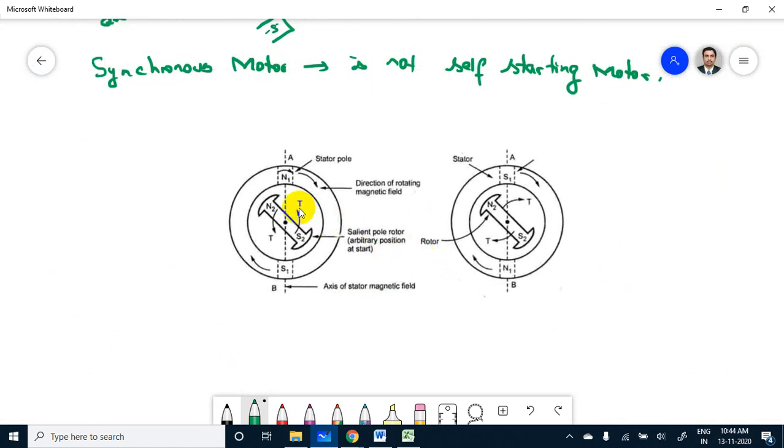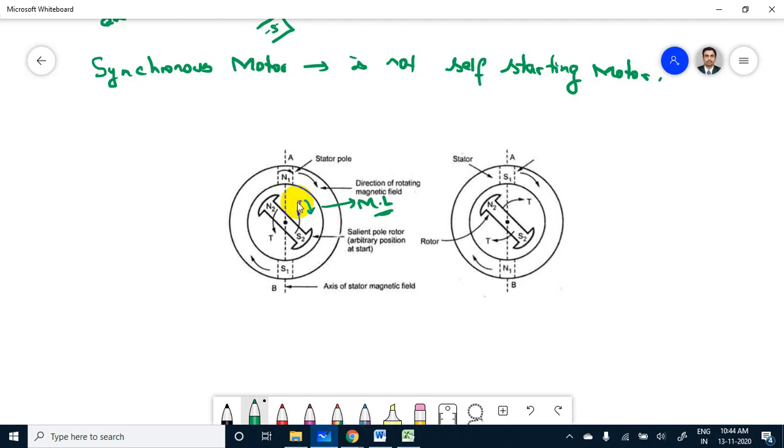You see this diagram. When the north pole and south pole are in rotation about the axis, we get this effect, known as the magnetic locking effect. When it rotates in another direction also, we can get a torque.